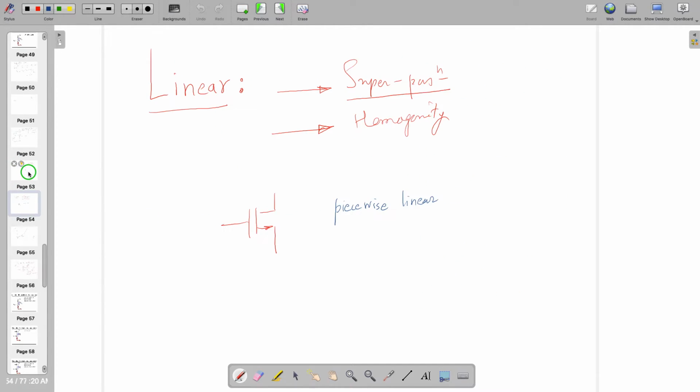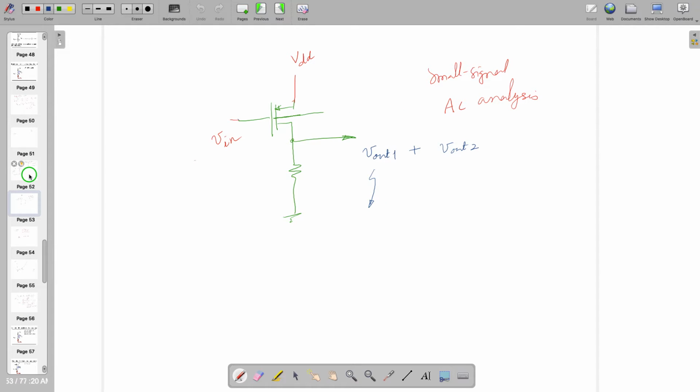Like this case, if I'm applying input from here, this one is VDD, and I connect an input where the source is not tied with the body, in that case you have to consider the body effect.